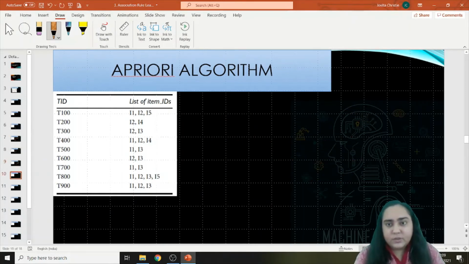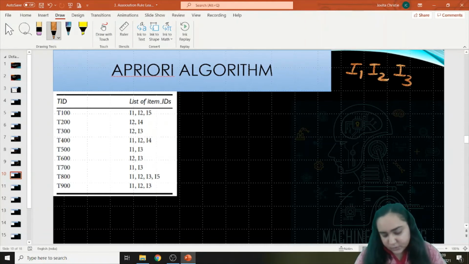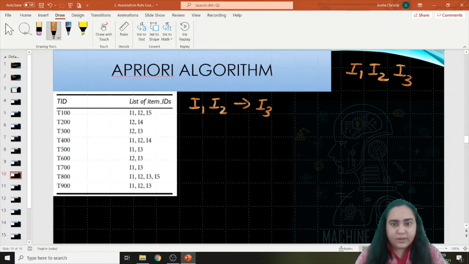Okay, so let's talk about the first set of three items we got, which was 1, 2, and 3, and calculate conditional probabilities for all cases, which means you will be dividing this 1, 2, and 3 into several parts, parts of 2, and you will calculate the probabilities. So that means you can have I1 and I2 given I3.